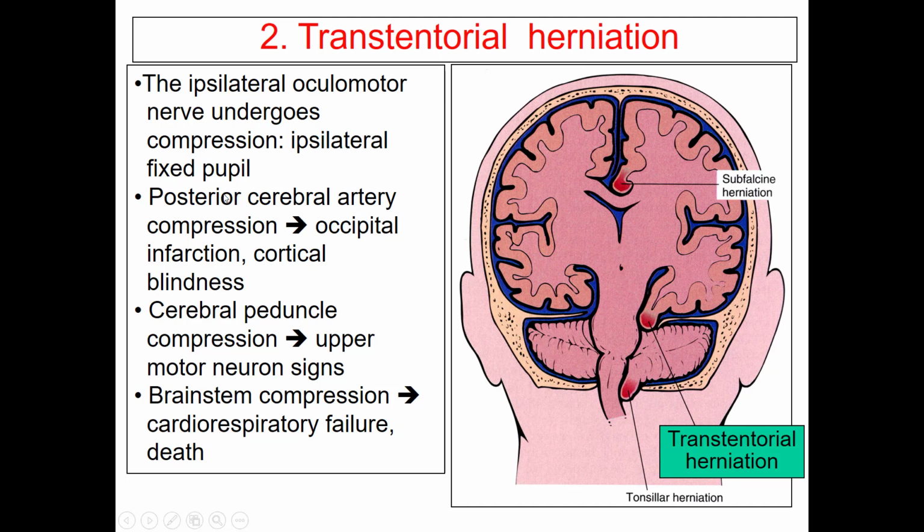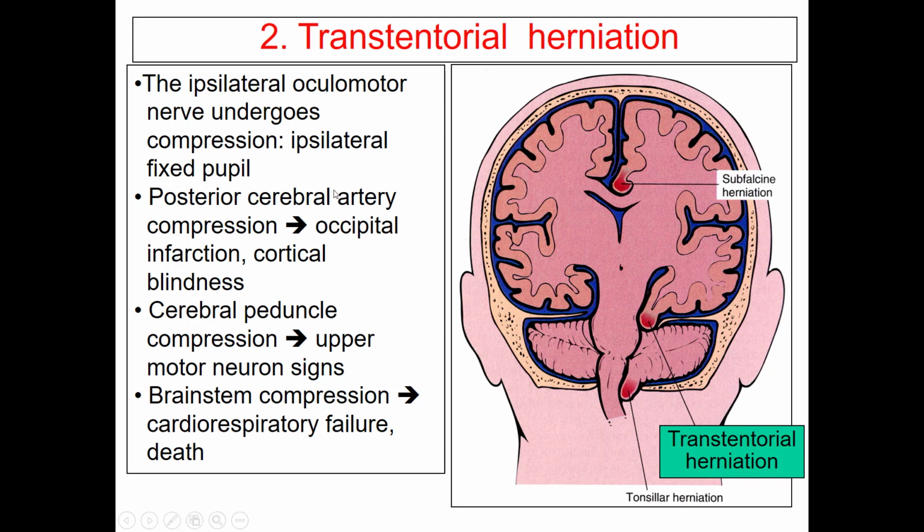Ipsilateral fixed pupil can occur in this case of herniation, and this is a very basic part of the neurological examination of a patient when we are searching for usually unilateral space occupying lesion within the cerebrum or the cerebellum.